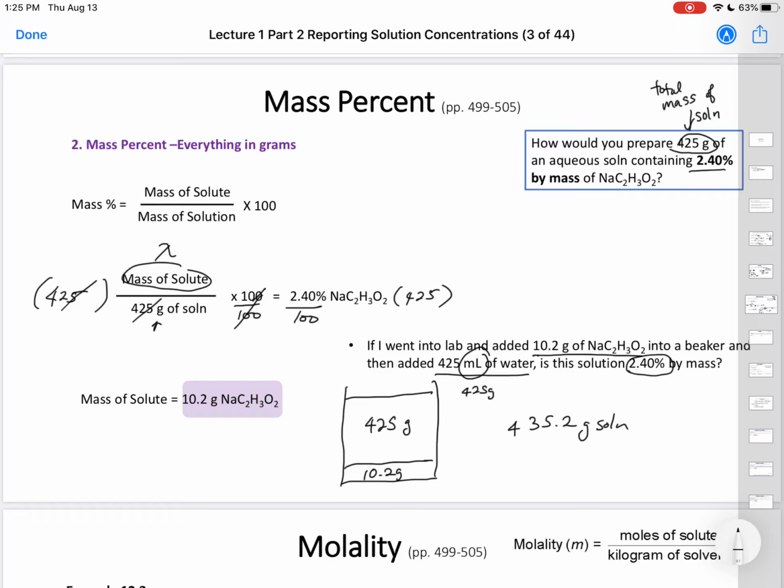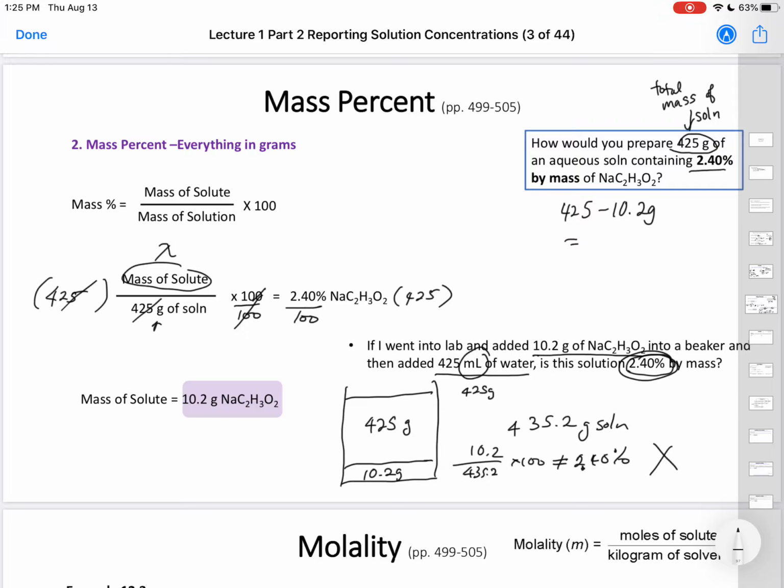And in addition, your percent mass would not be this, because you would do 10.2 divided by 435.2 and multiply that by 100, and it's not going to be equal to 2.4%. Remember that the total mass is 425. So this is wrong. What you need to do is 425 minus 10.2 grams.